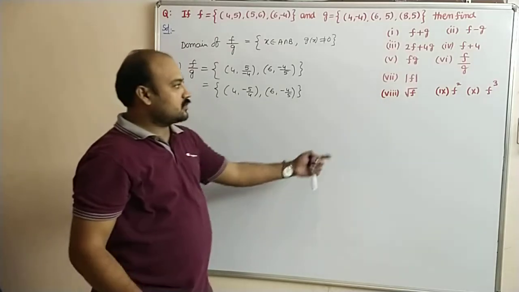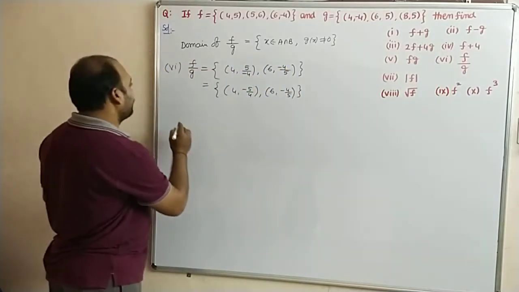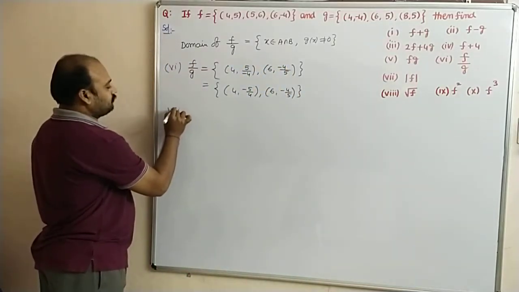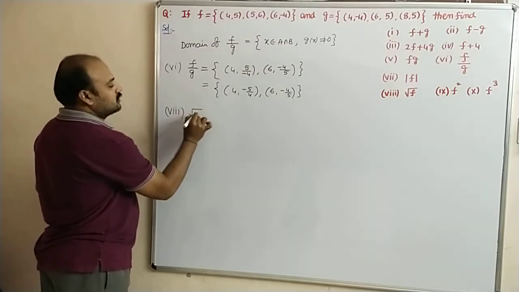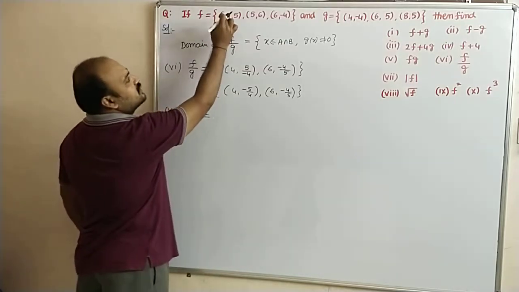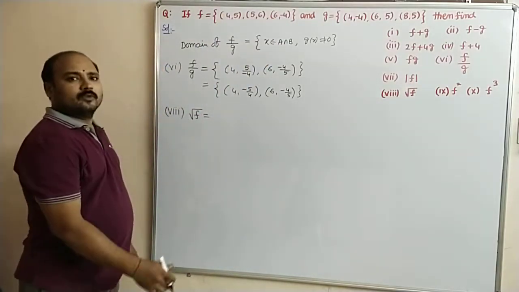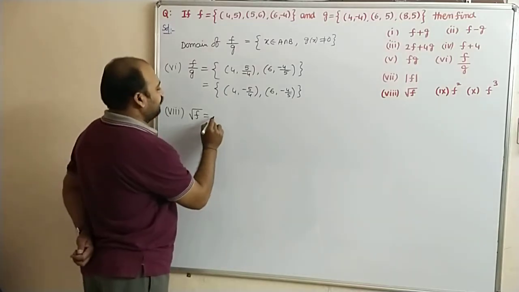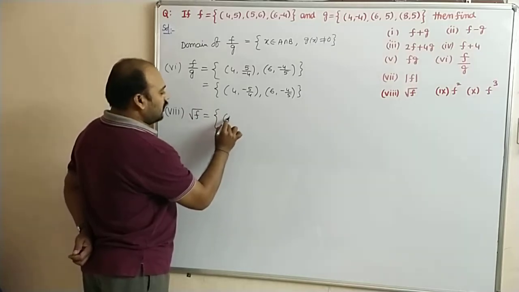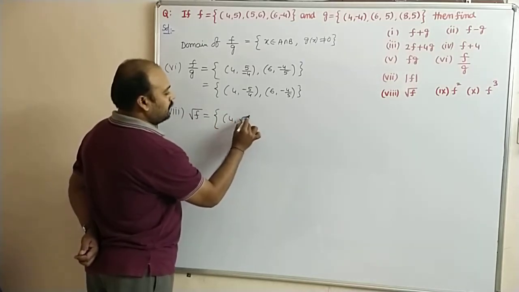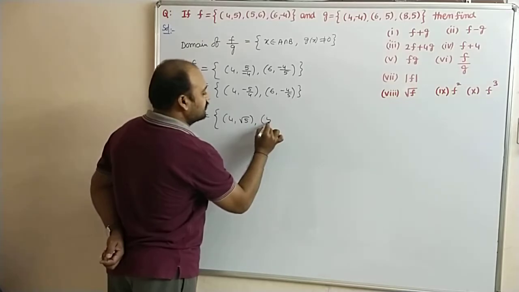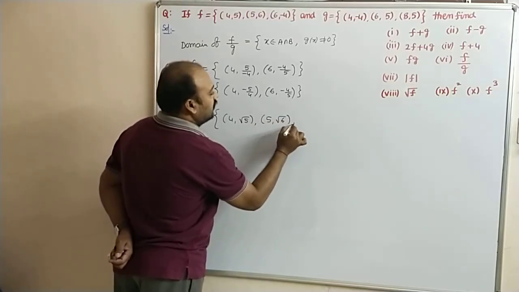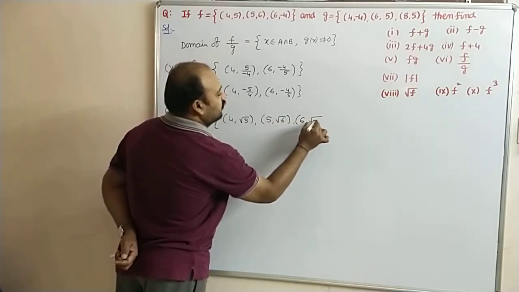And come to the square root of f. The f domain is 4, 5, 6. First you write for all, whichever exists you can write, the remaining you can leave. So 4 comma root 5, 5 comma root 6 and 6 comma root minus 4.